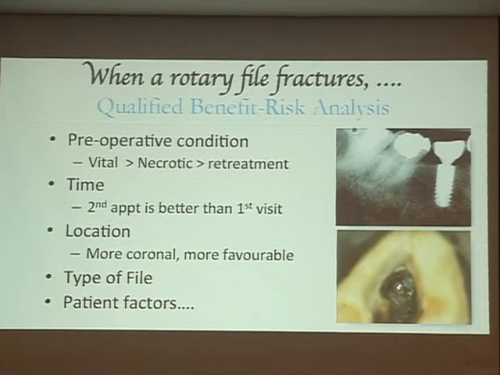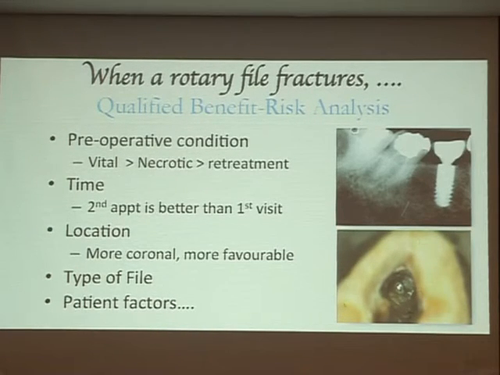So, if you separate a file, you need to do an assessment. Should I remove it, or should I leave it, or should I refer to somebody else? There's a lot of reasoning behind this. If you separate your file in the second appointment, a lot of people take a multiple-appointment approach to endo, right? In a multiple-appointment approach, you usually dress the canal, which is less effective. So if I separate my instrument in the second or third appointment, the chance of causing failure should be lower.